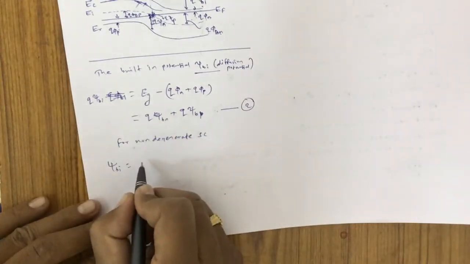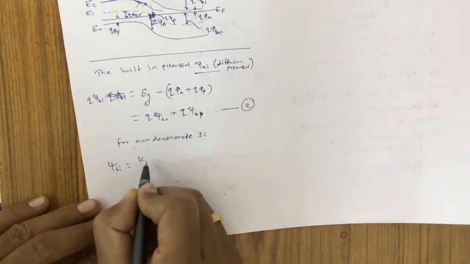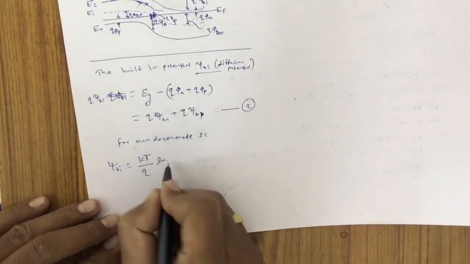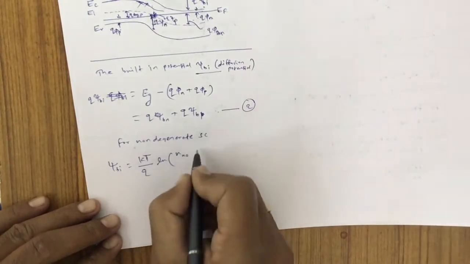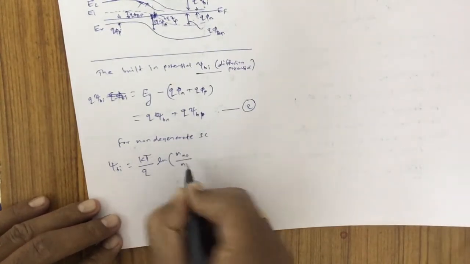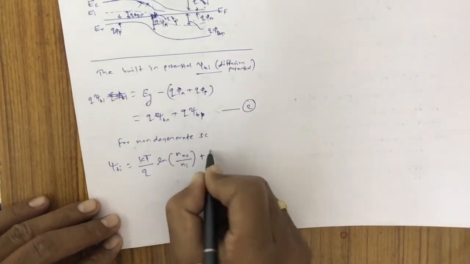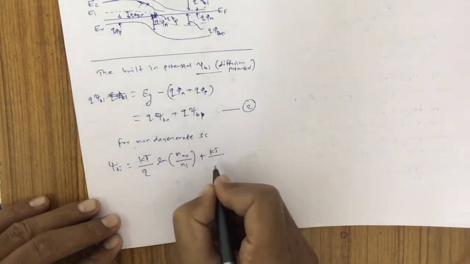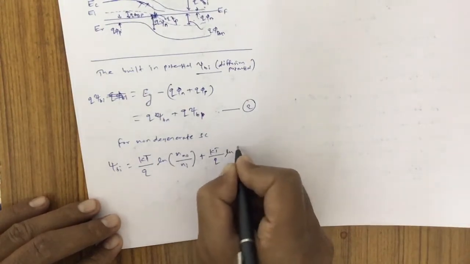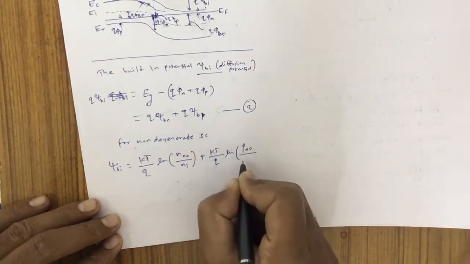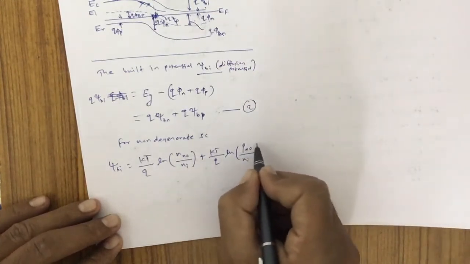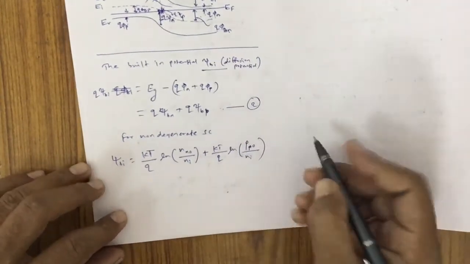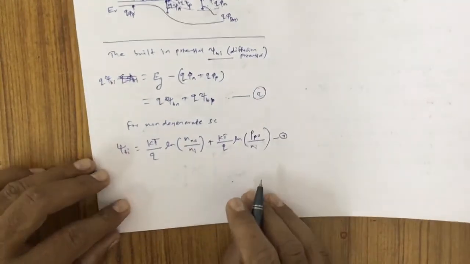Just take the q to the other side, and this is a standard relation: kT by q into ln of nn0 upon ni, plus, from the diffusion relation or diffusion potential, kT by q ln of pp0 upon ni. Sorry, pp0. So this is equation number 3.